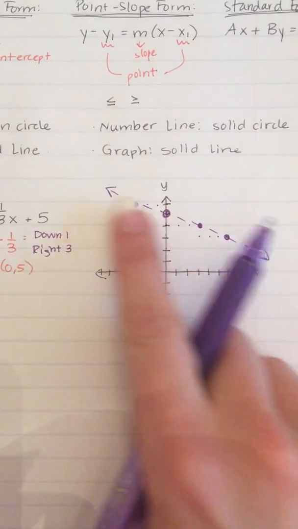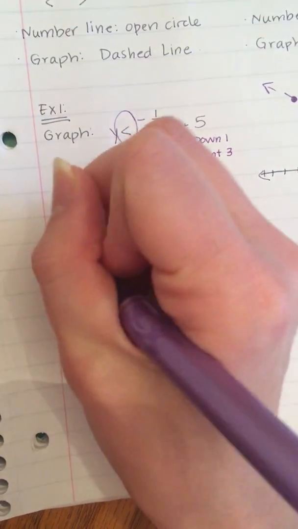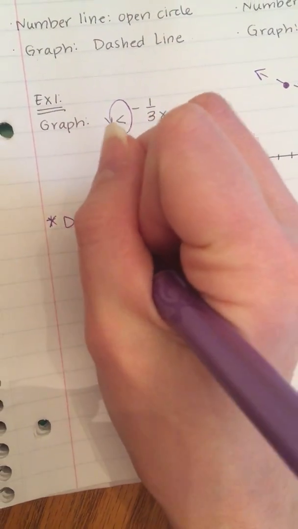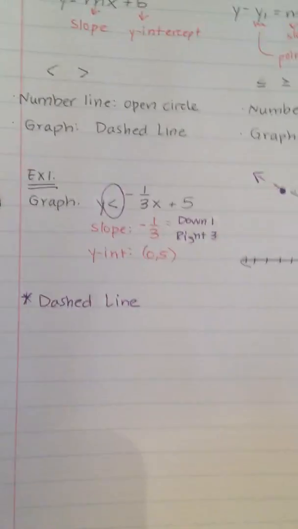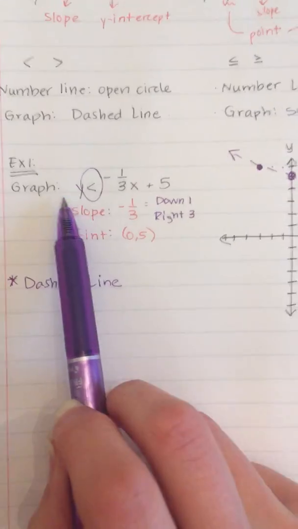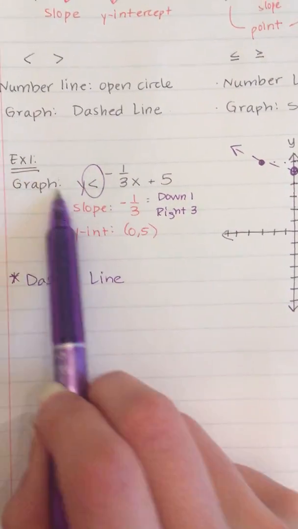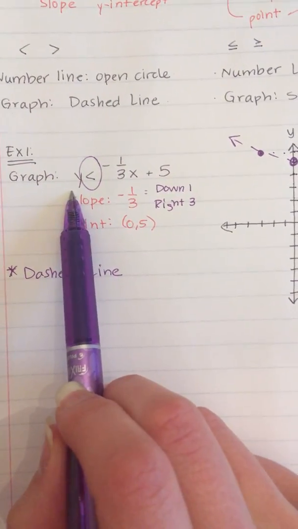So I'm going to write down that when we have a dashed line, let me jot this down here. This is telling us something about our solutions or our answers, because we're just trying to figure out what coordinate points, if you plugged them into this inequality, would make this a true inequality.